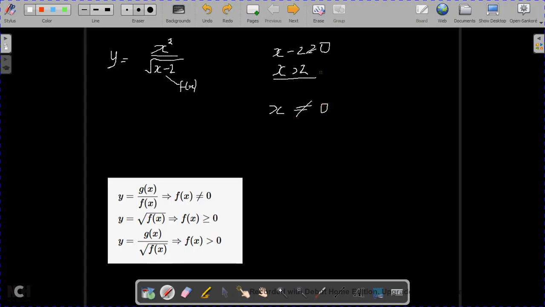X has to be greater than 2. If we've got x greater than 2, automatically we don't have 0 anyway, so that is our maximal domain, determined by the square root function. So just a bit of a summary there.